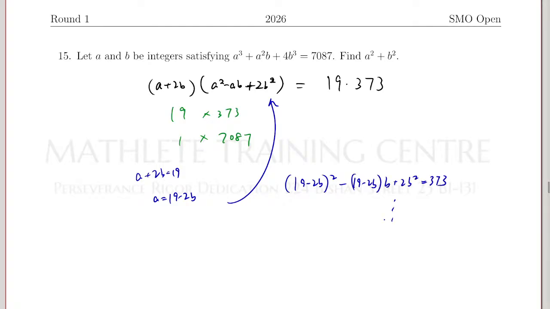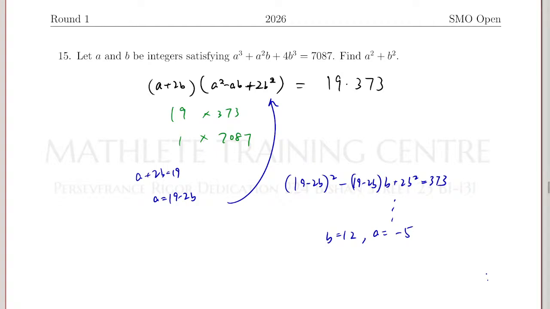Then you can figure out the answer. It's not nice, but it turns out there is a solution here, b equals 12, and so a will be 19 minus 24, negative 5.